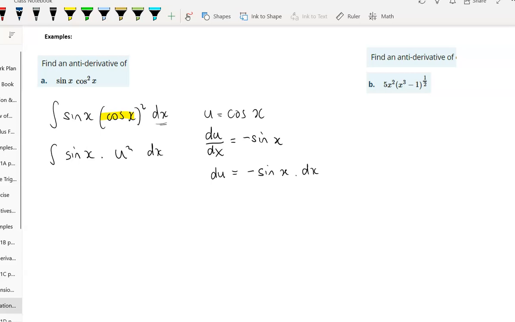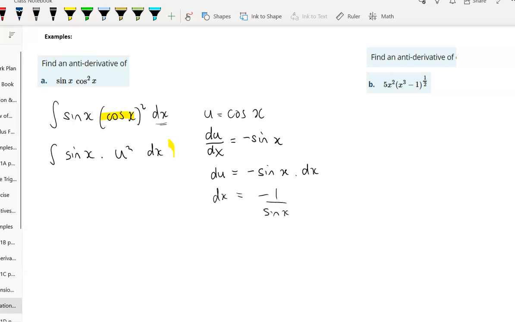Now, once we've got that particular function, I don't want this dx here. What I want is du. So I'm going to rewrite my function by substituting out the dx as well. So now I'm going to have minus 1 on sine x.